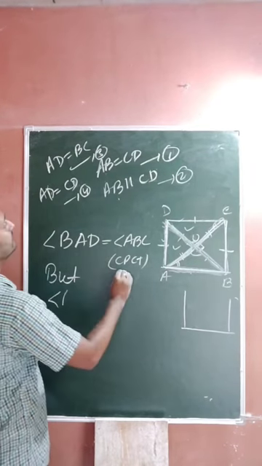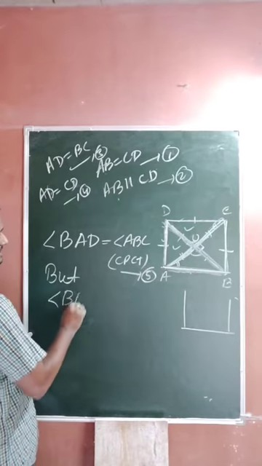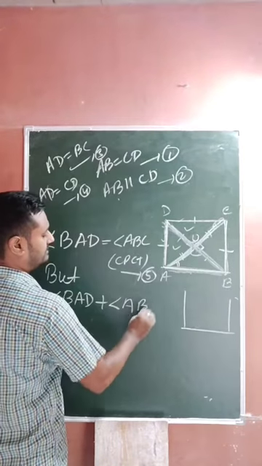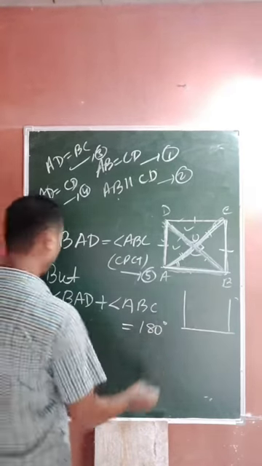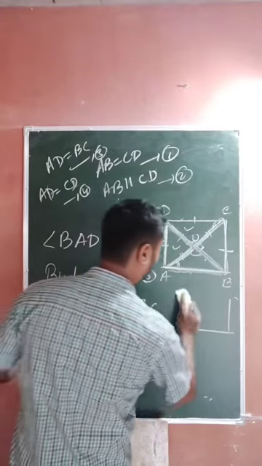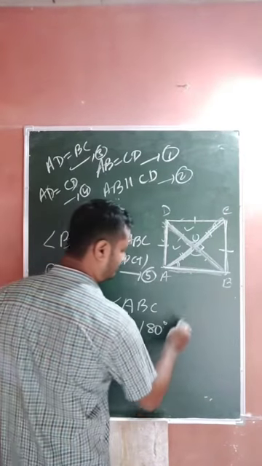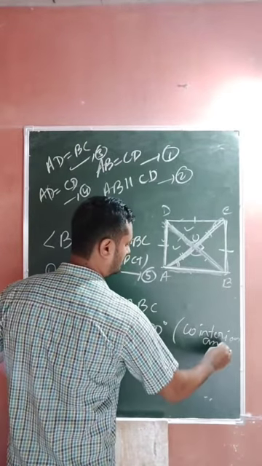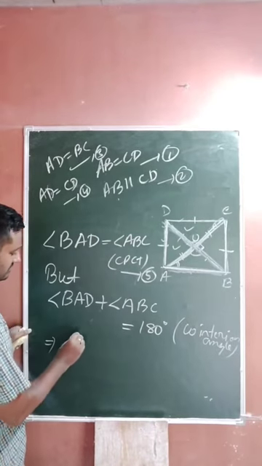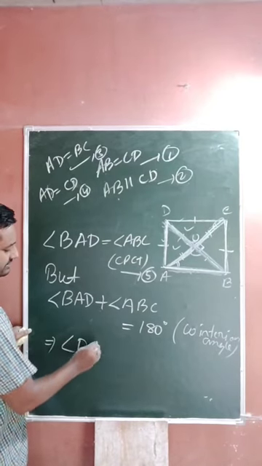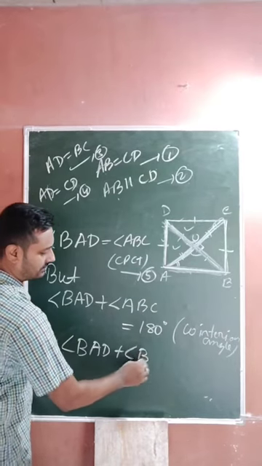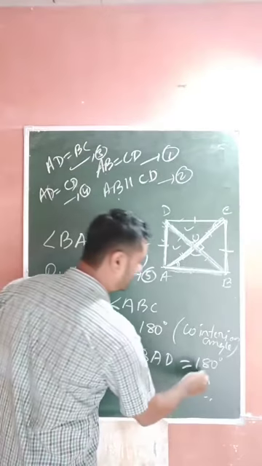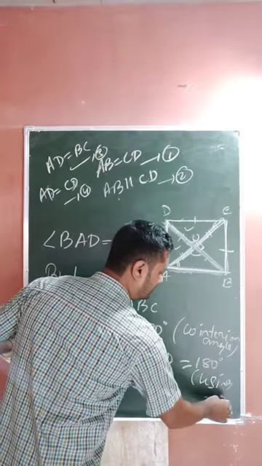BAD, you can give this number 5. BAD plus ABC is equal to 180 degrees. Within brackets we write co-interior angles. So in place of ABC we can write BAD, using 5.